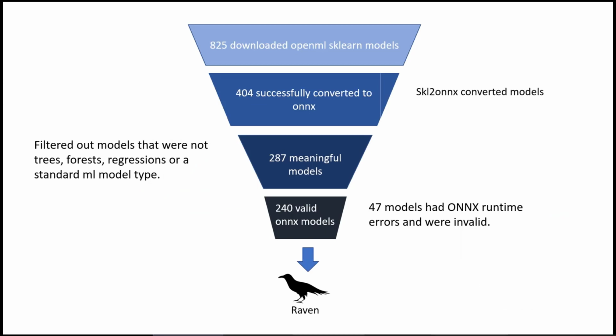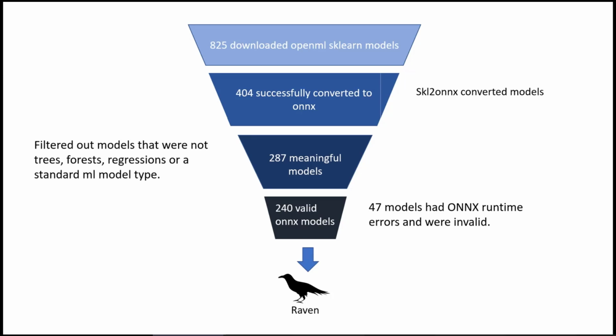Then finally, we also tried to analyze how Raven would do in the wild. So we downloaded 800 plus models from OpenML, so random models from the internet. We converted them to Onyx. Some models couldn't be converted to Onyx just due to versioning differences and that sort of thing, but we did our best.